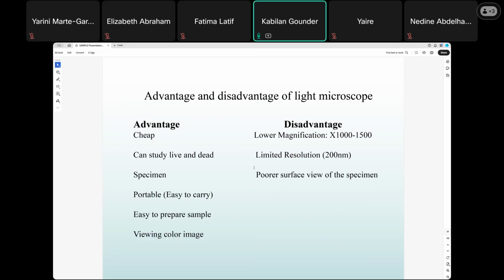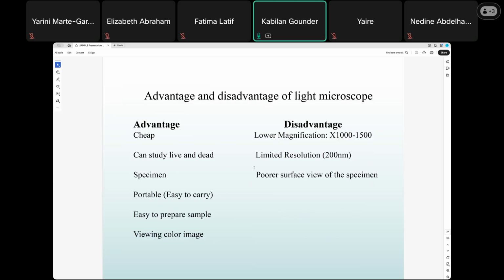You can also view a colored image. The detailed structure you can get, and for biopsy labs and diagnostics, this is enough to diagnose the outcome.